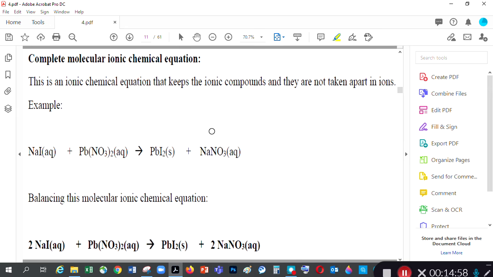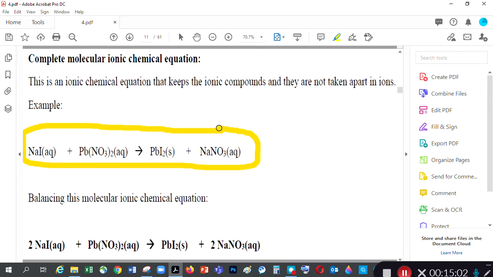This is a chemical reaction called a complete molecular equation. All those are ionic compounds, correct? And these ionic compounds are not separated; they are just written in a molecular type of writing.